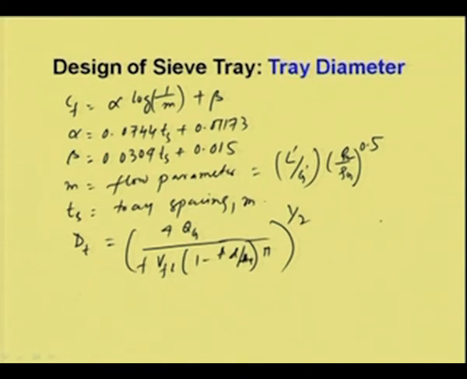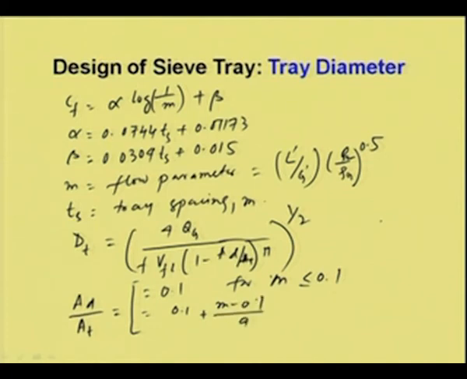And it is suggested that A_D by A_T is equal to 0.1 for m less than or equal to 0.1, is equal to 0.1 plus (m minus 0.1) by 9 for m greater than or equal to 0.1 and less than 1.0, and it will be 0.2 for m greater than or equal to 1.0.